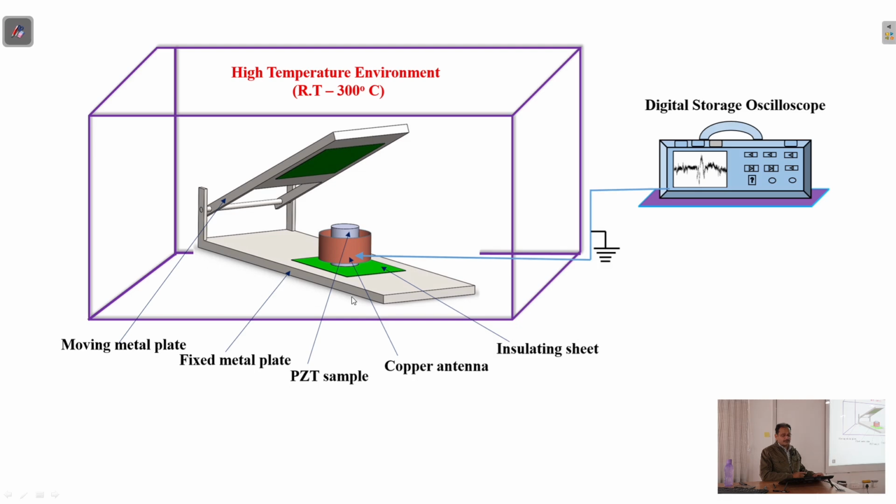A complete setup was placed inside the environmental chamber, and of course you have to have all the heat insulation so as to safeguard all your instrumentation wires, etc. So this complete setup was kept inside, and then you heat it up, you let it stabilize for some time, and then this platform is dropped so that you observe the signal. So that is how the experiments were conducted.